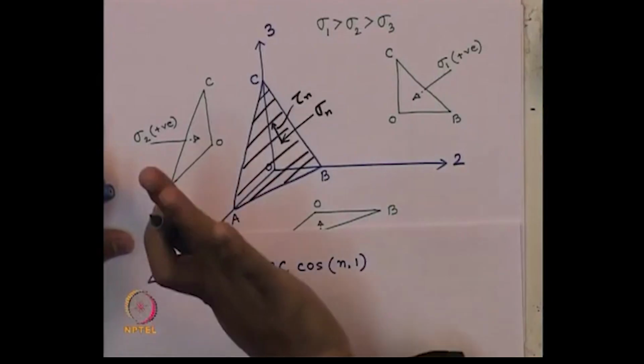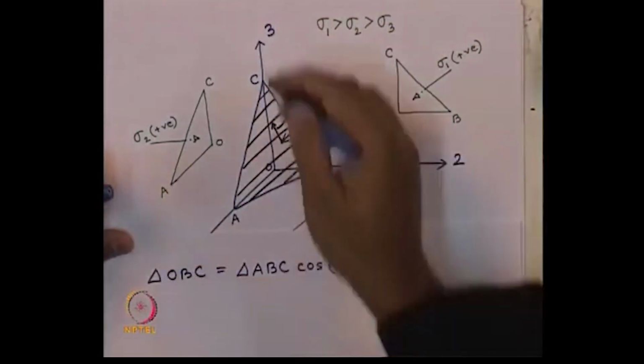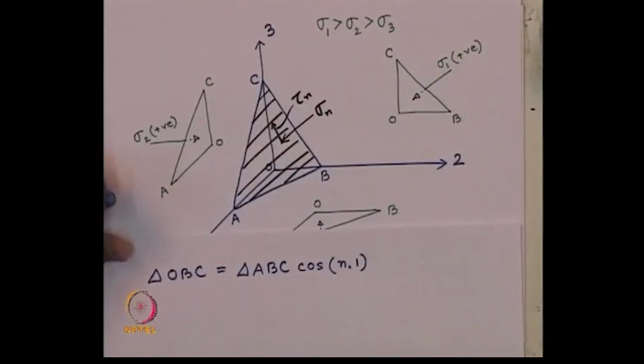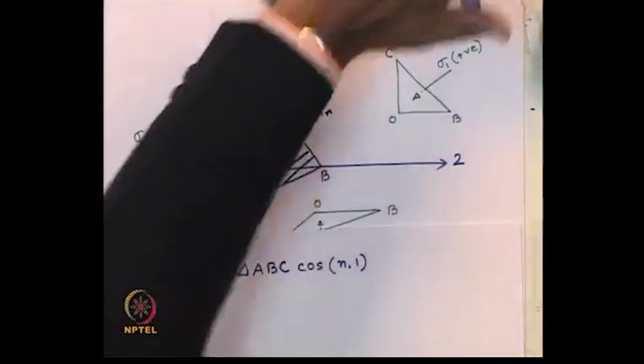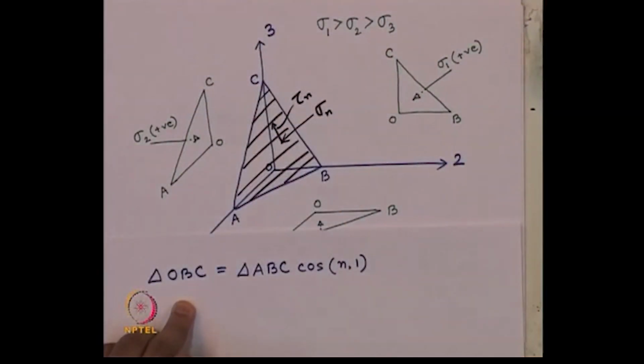So, the projection of this plane on this 2, 3 axis plane will give us the area OBC, right.